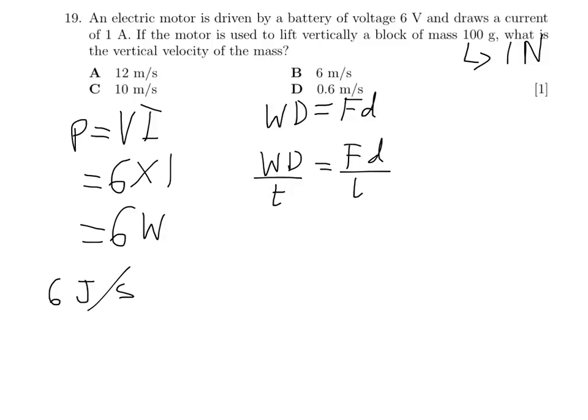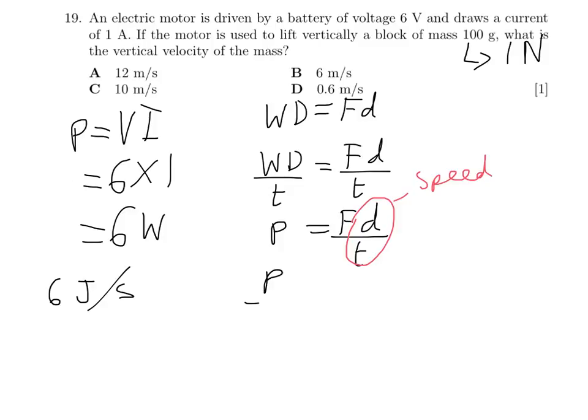So work done divided by time is power. So we're going to divide both sides of that work done equation by the time. And what we have then is the work done divided by time is the power, and we've got the force times the distance divided by the time, and distance divided by the time is the speed, and that's what we need to find out.